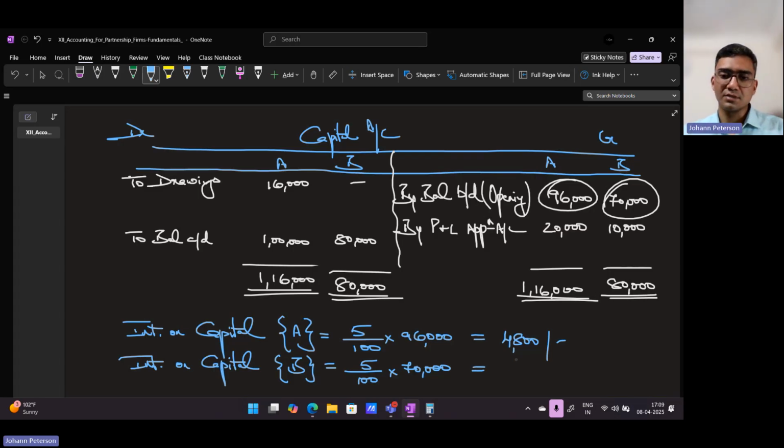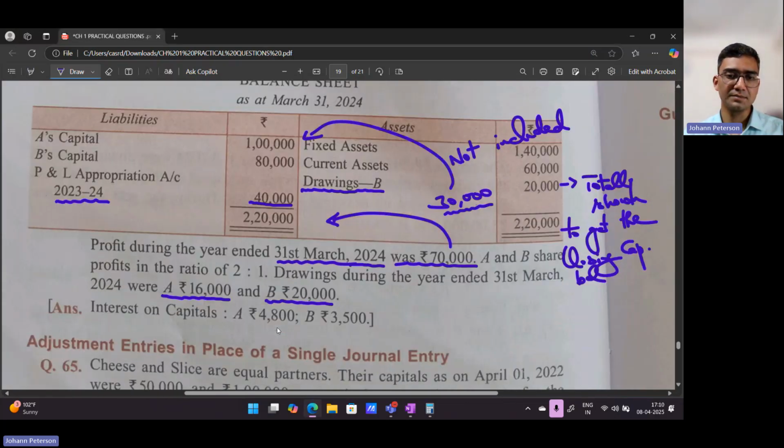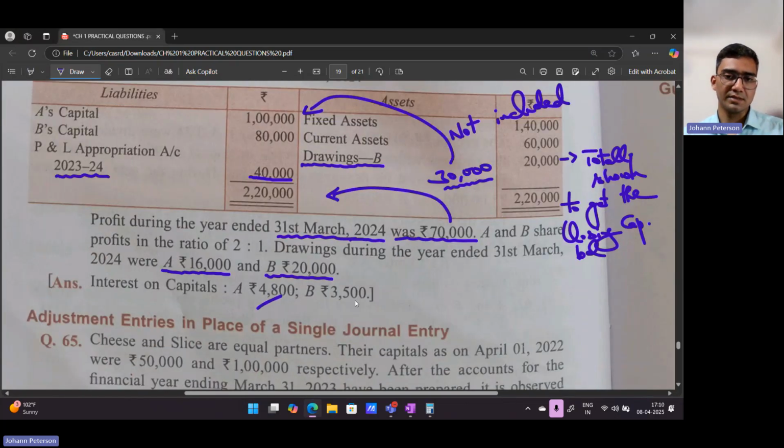So 10% of 70,000 is 7,000. So 5% will be half of it, which is 3,500. So these two should be the answers, 4,800 and 3,500. Let us check. Yes, it is 4,800 and 3,500.